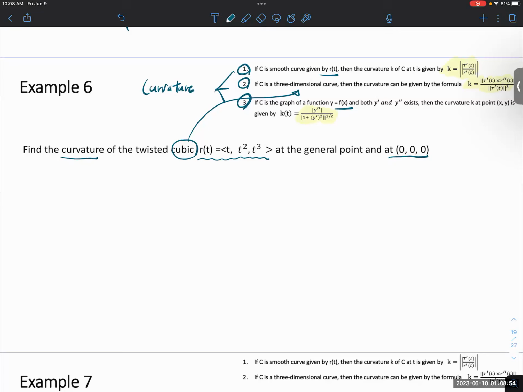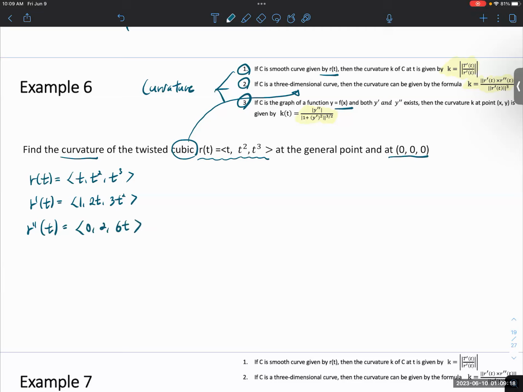The formula: r(t) is t, t squared, t cubed. r prime of t is 1, 2t, 3t squared. Let's do one more, the double prime: 0, 2, 6t.